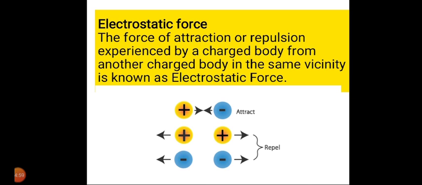Like charges repel each other, and unlike charges attract each other. Means when the charges are the same, they will repel each other, and when the charges are not the same, meaning unlike charges, they will attract each other.